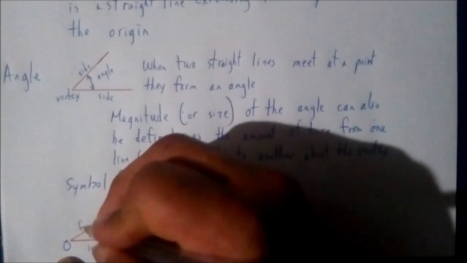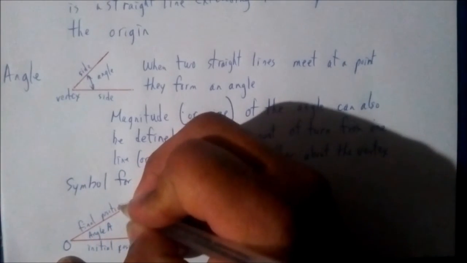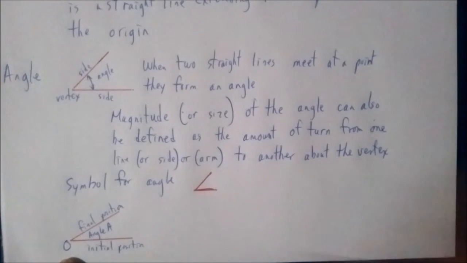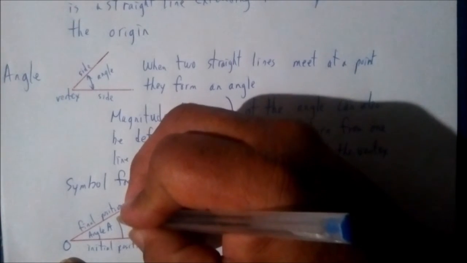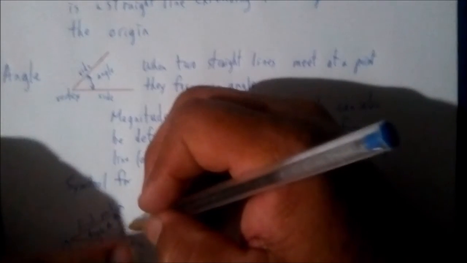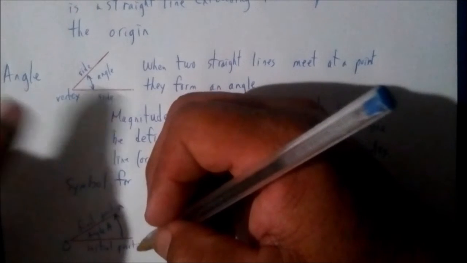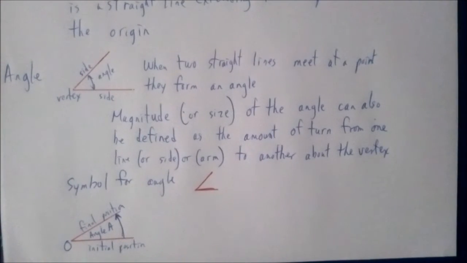This is the final position of the angle. So we draw our symbol this way, and that goes to show that it is opening in that direction. It's starting from this point going in that direction. Now that doesn't mean it cannot go in another direction. It can still go in another direction. That doesn't make any difference.